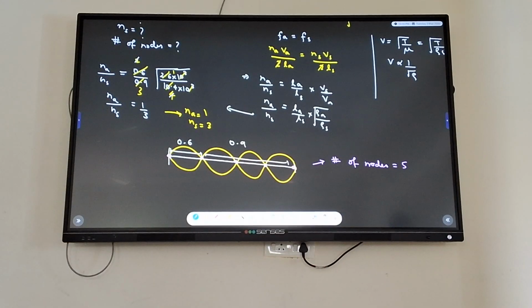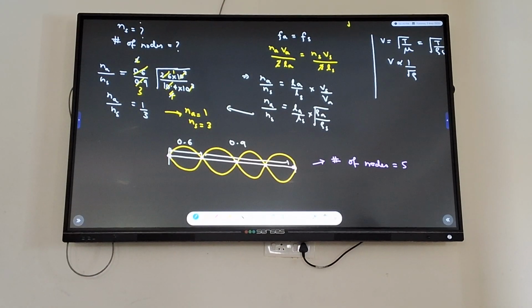Yeah, 300. Should be 164. Tension is how much taken, 100; rho is how much taken, 25. 2.6 we are taking, so 25 into 10 power 2.